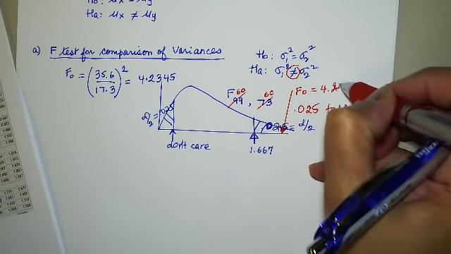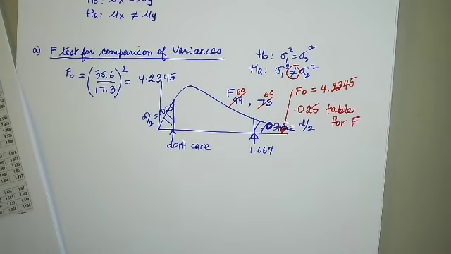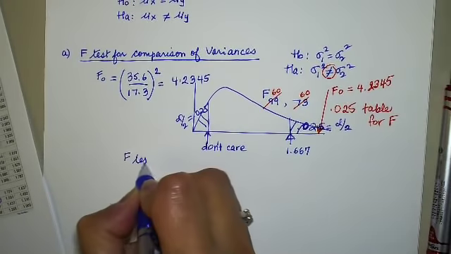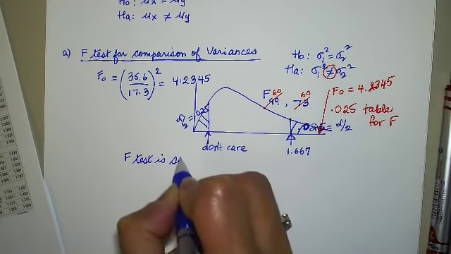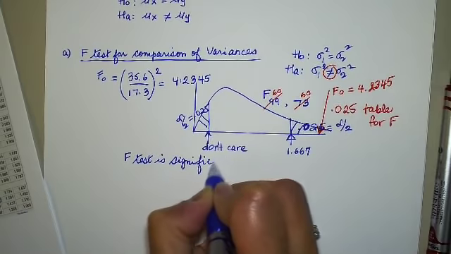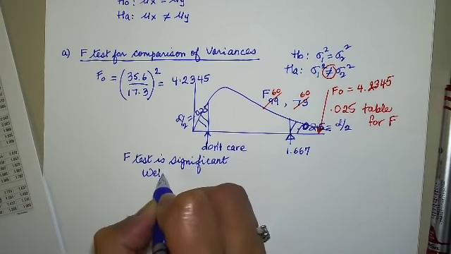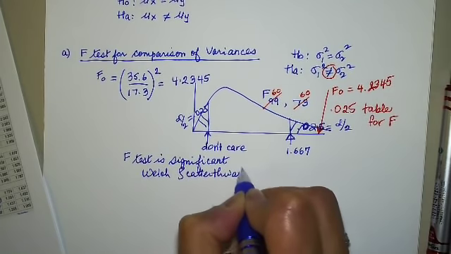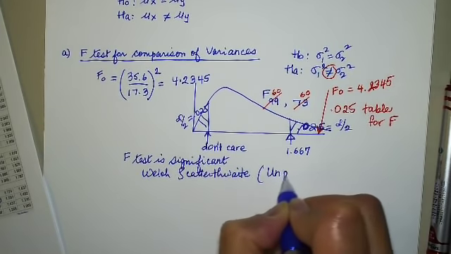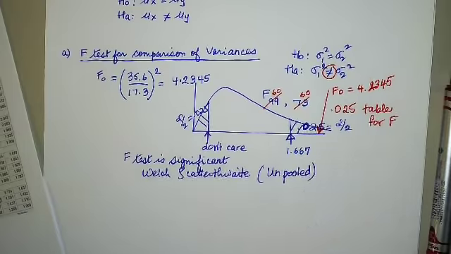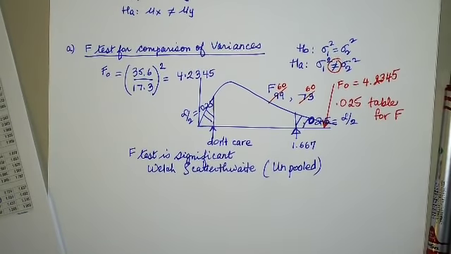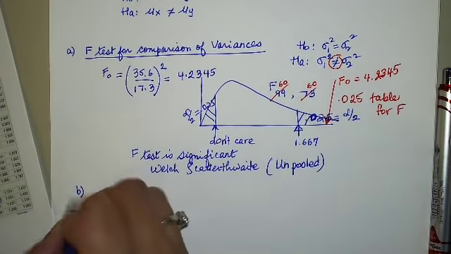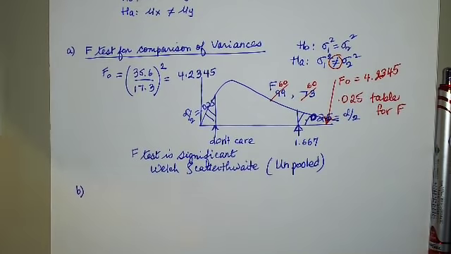So F naught, 4.2345, falls in the rejection region. So I see that the F test is significant and the Welch-Satterthwaite, or unpooled, approach is warranted. So let's do an unpooled t-test.